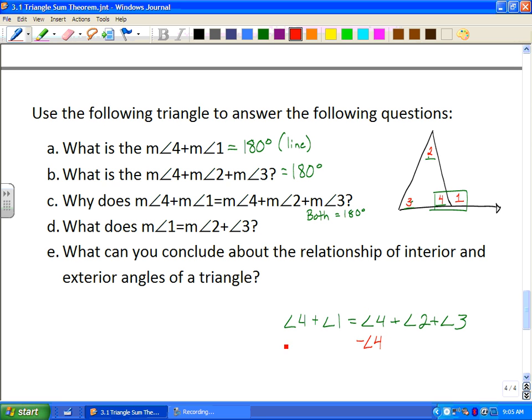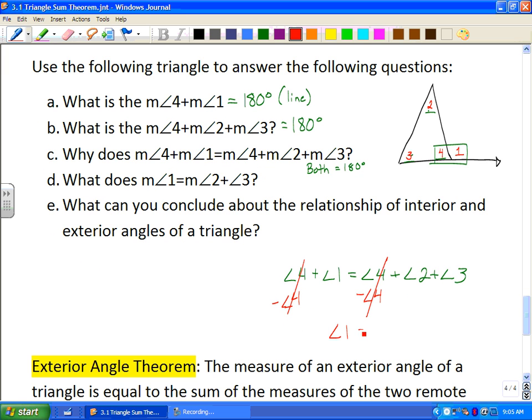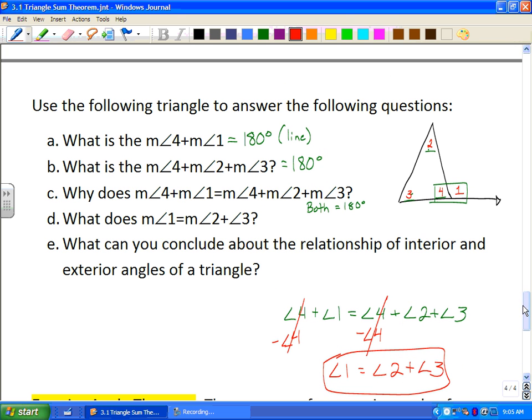So if I subtract angle 4 from both sides, it's going to cancel both of those out. And what am I left with? Angle 1 equals angle 2 plus angle 3. And what we can say is the substitution property.